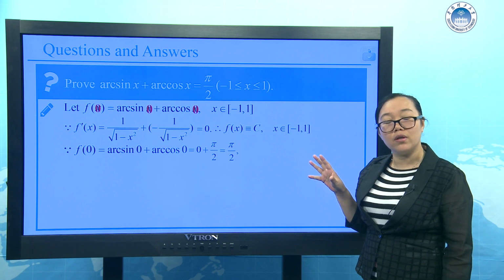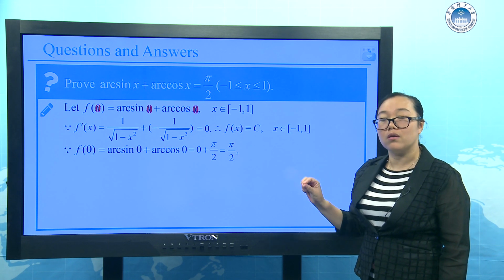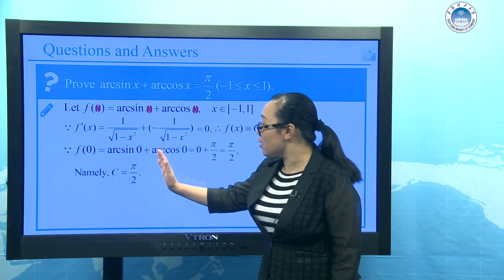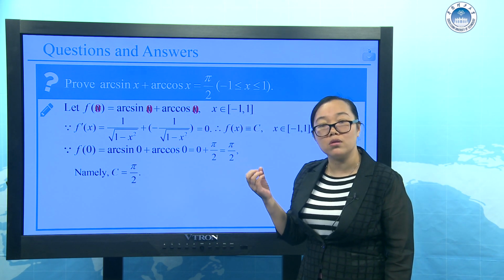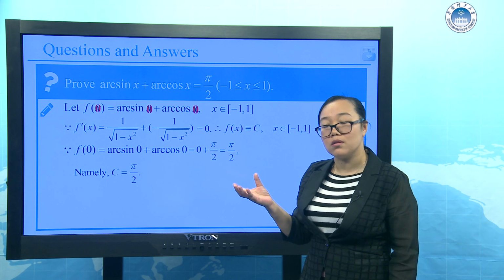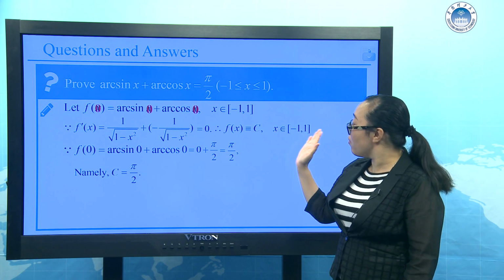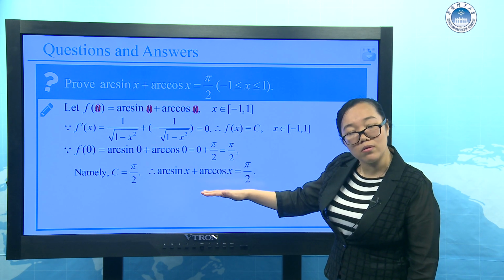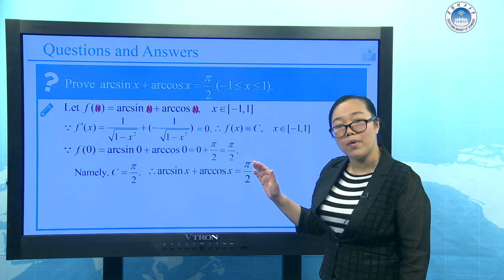From this expression, we know f(0) equals half pi. This means the constant C is half pi. f(x) always equals C for every x. So together, arc sin x plus arc cosine x equals half pi.